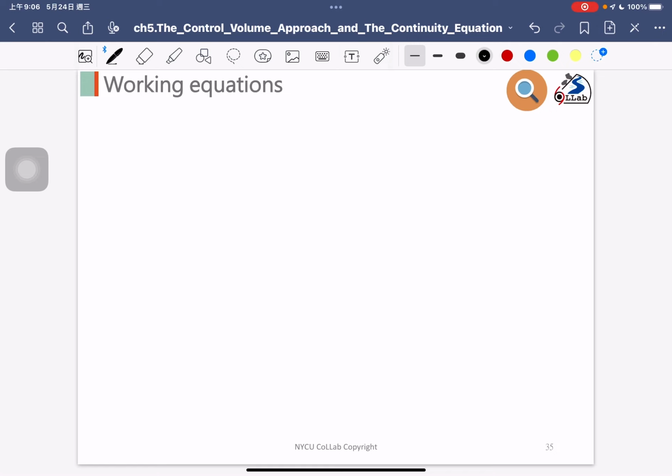First, we know that we have some important transport theory. But what kind of transport theory? We call that the Reynolds transport theory.